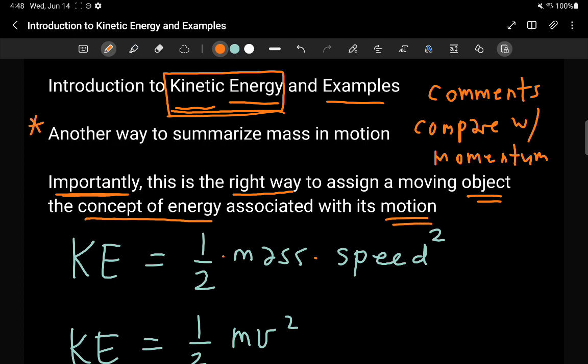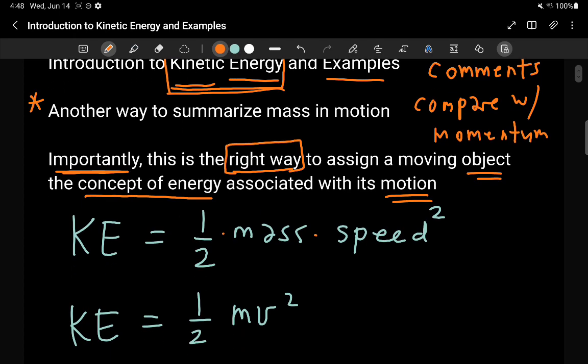So the reason I want to say that it's the right way is because, here is what I mean by that. There is a complicated formula for how to calculate the kinetic energy. And it's not really complicated, but it's kind of complicated.